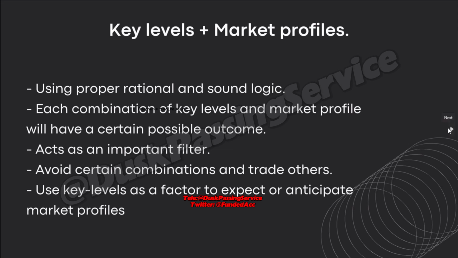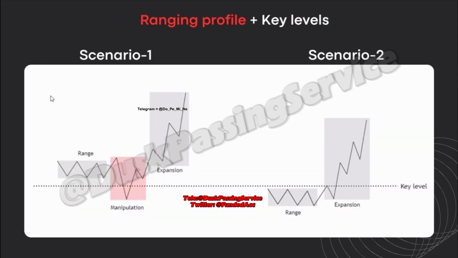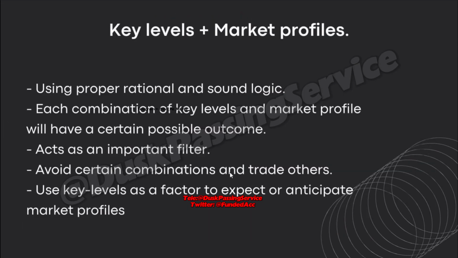So market profiles and key levels together will give you filters. Similarly, you're going to avoid trading certain combinations of market profiles and key levels and trade others, right? Last but not least, we're going to use these two together to expect or anticipate other market profiles, right? These are the main things that we're going to be learning in this chapter.